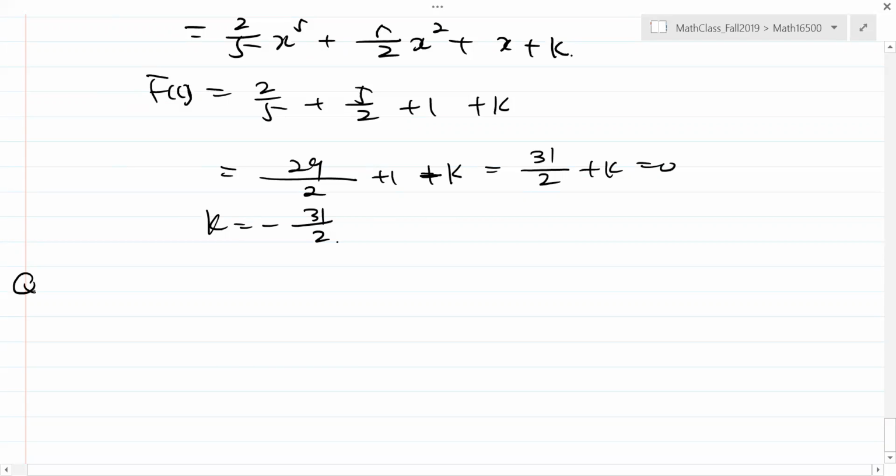All right, so let's try a new problem. The second derivative is going to be cosine x, and I know f of 0 is 0, f of pi is going to be 1.